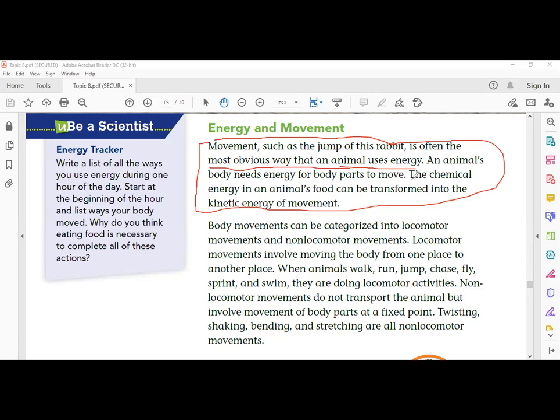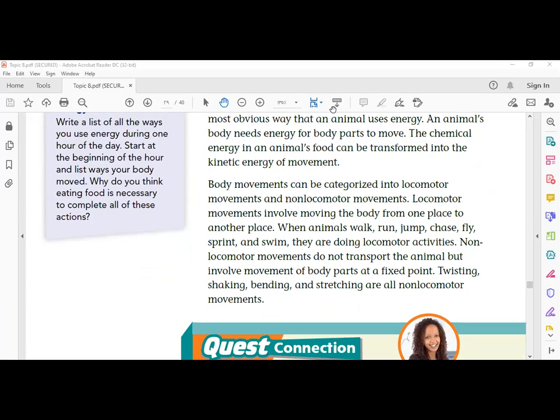Anyway, when the animal moves, during the movement the chemical energy of the food is transformed to kinetic energy, or the energy of motion. Scientists classify the movement of animals or humans into two categories: locomotor movement and non-locomotor movement.